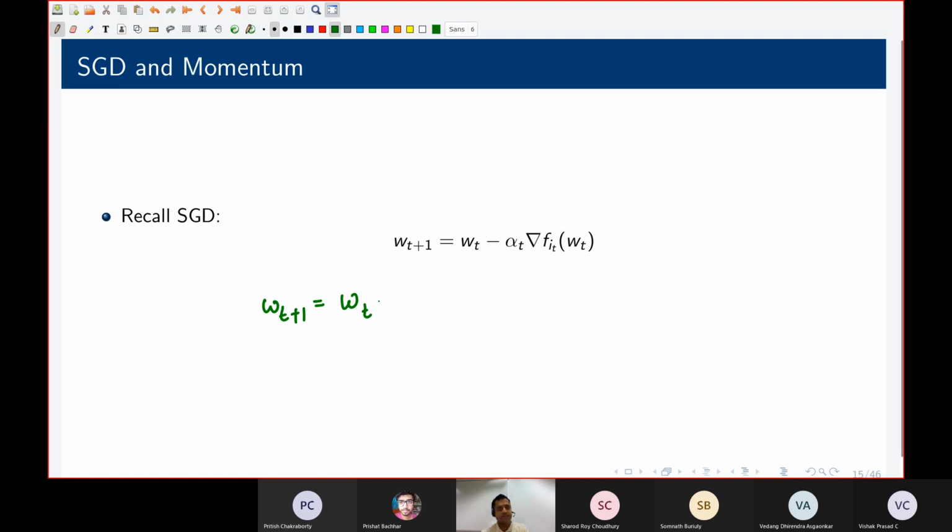Any variant you can suggest. Okay, so you could have velocity, but velocity could be incorporated into the gradient computation or may not be, right? So how about the following? I'll just say minus alpha t gradient. Now I'll still have this index t, okay, but w t I could have the velocity already integrated through a gamma t.